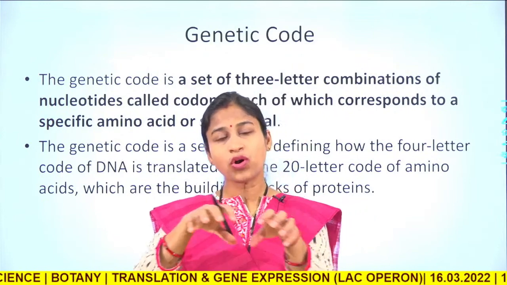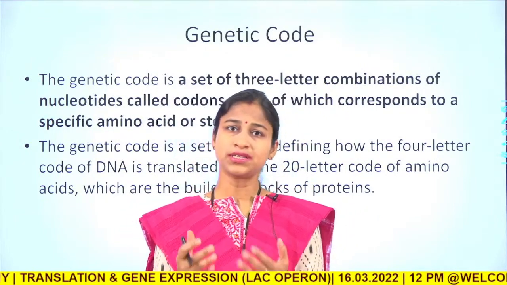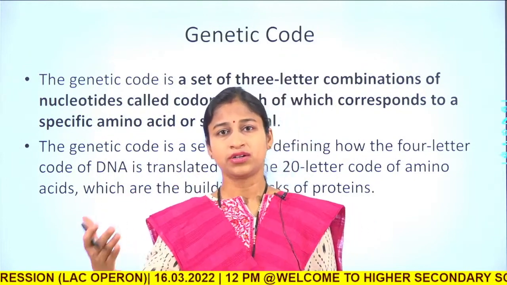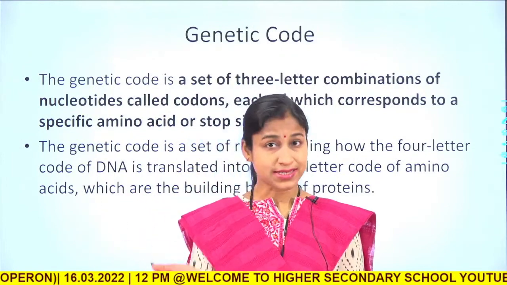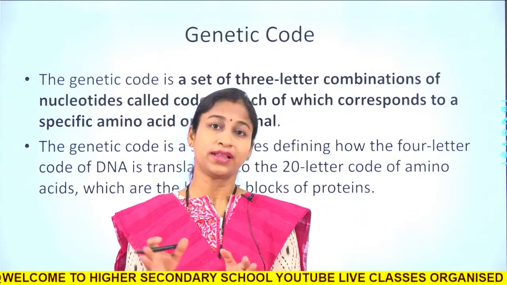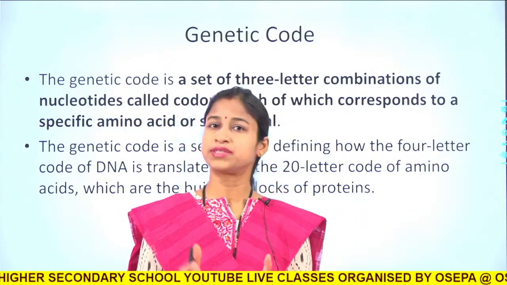So these are the 4-letter code. How this 4-letter code present in the mRNA will be translated into a 20-letter amino acid code, that is the magic of the genetic code.